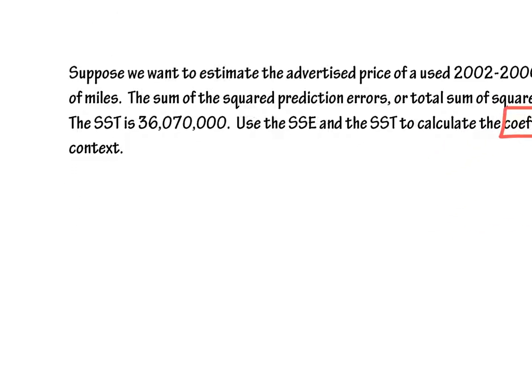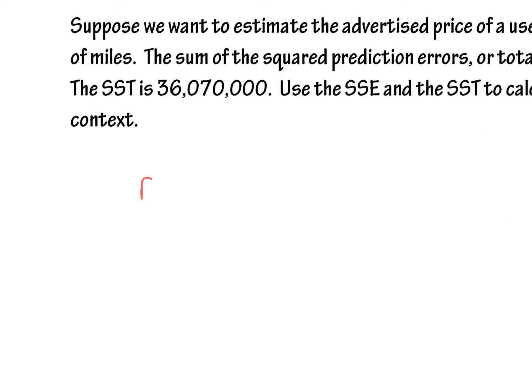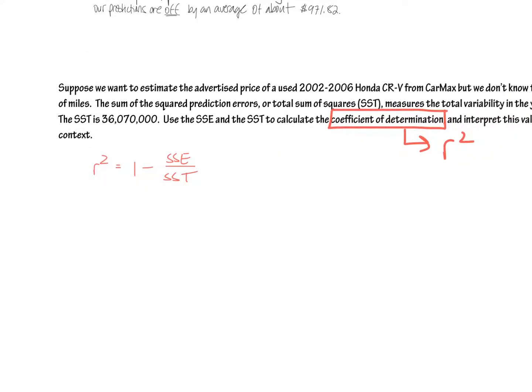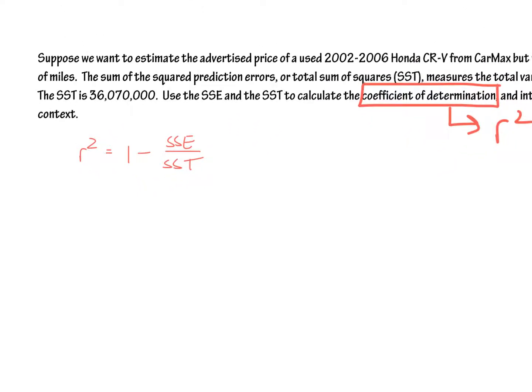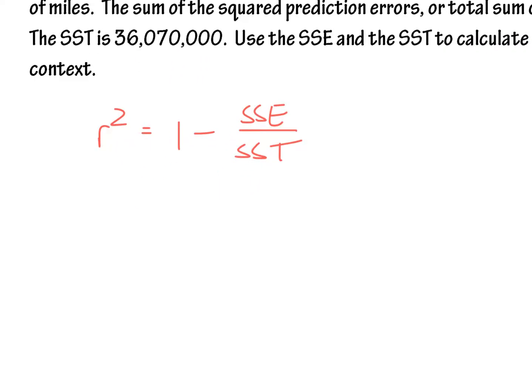What you copied down in the reading guide: r squared equals 1 minus the SSE over the SST, the total sum of the squared prediction errors. SSE is from above, that 84, 99, whatever number. What I'm going to do is plug in those numbers for this formula, and then we will interpret that one as well, and then we'll be finished.